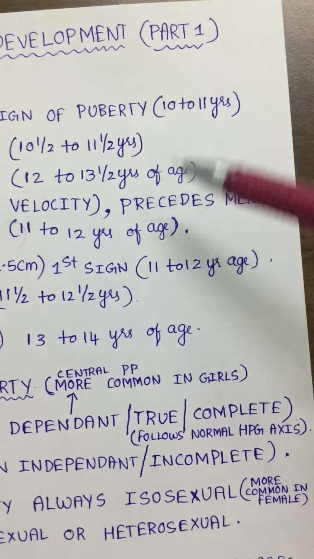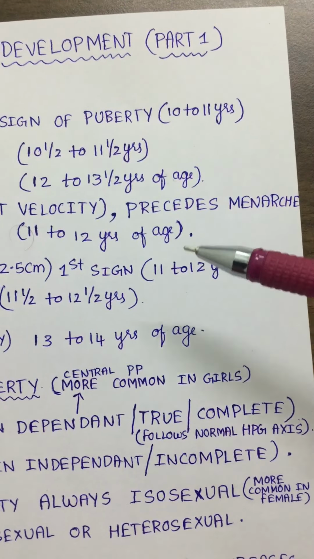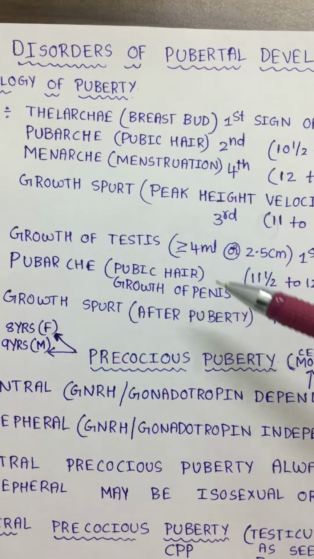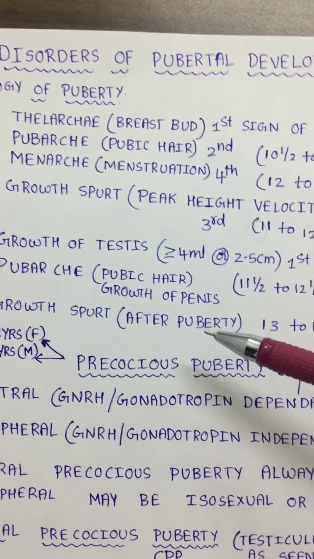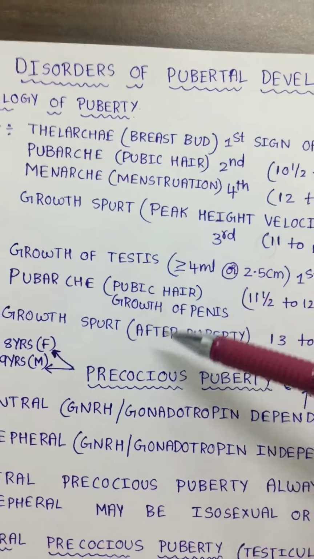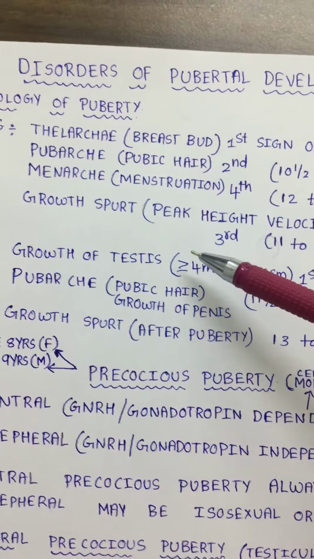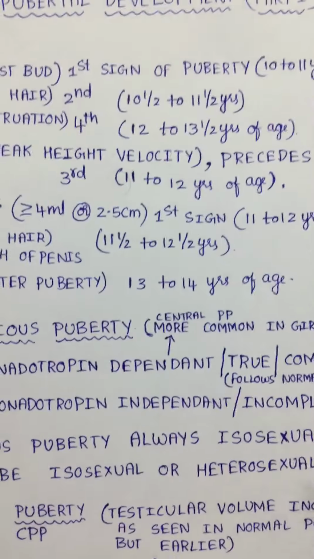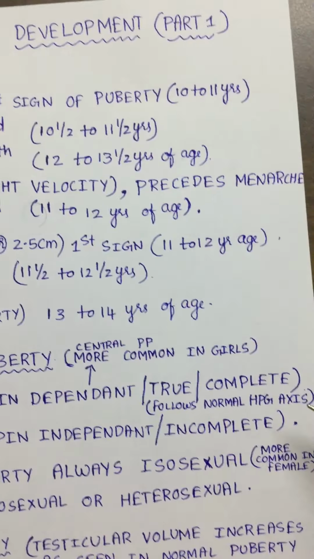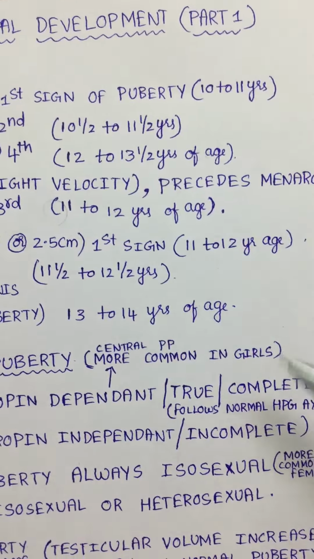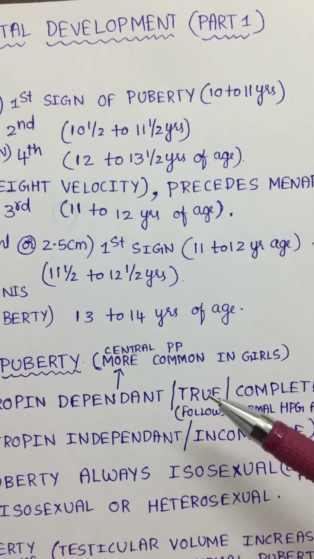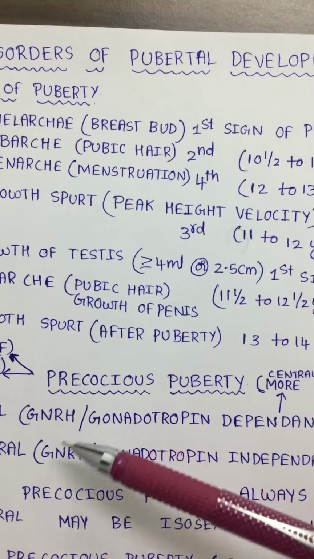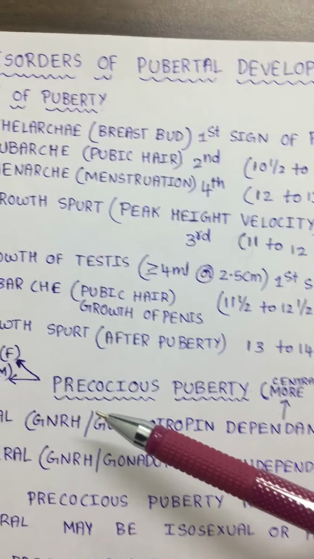Like normal pubertal stages, it follows the normal sequence. In males, first is growth of testes, then pubic hair, growth of penis, and growth spurt. It follows the normal stages of puberty because of the normal HPG axis, but it occurs at an earlier age, because the GnRH release occurs before the normal age.